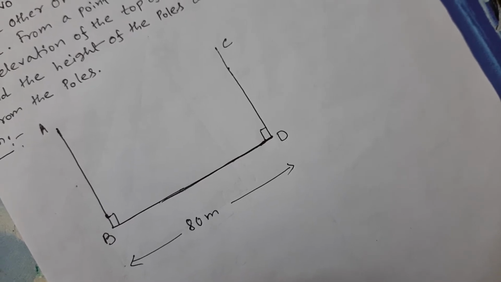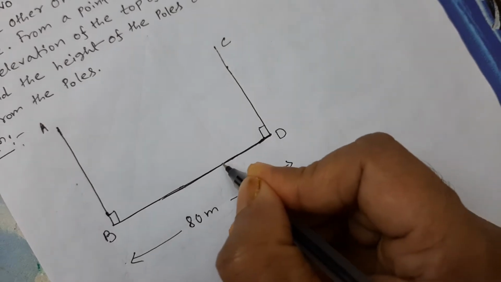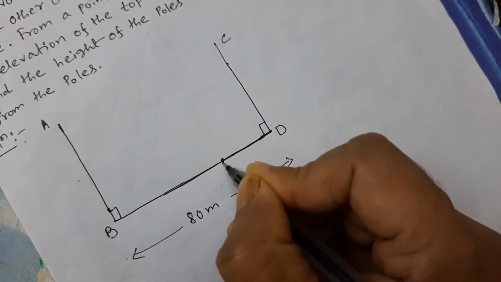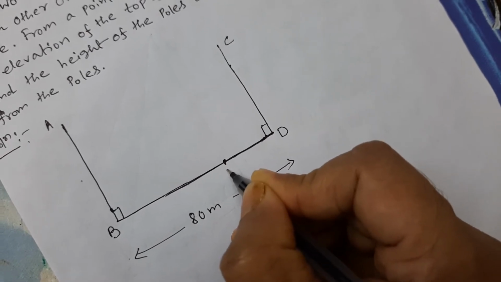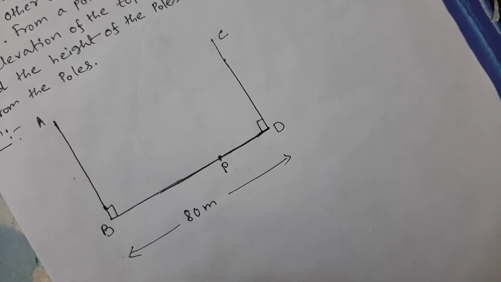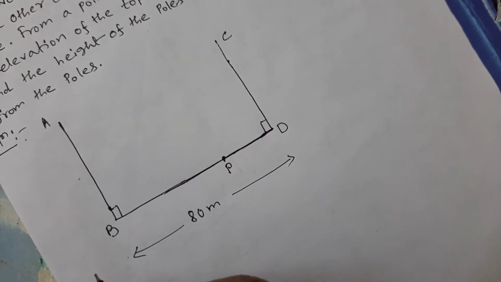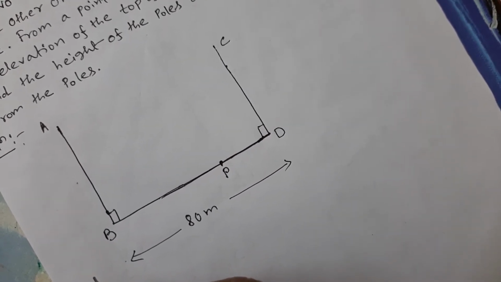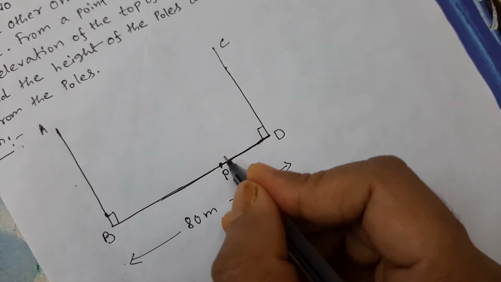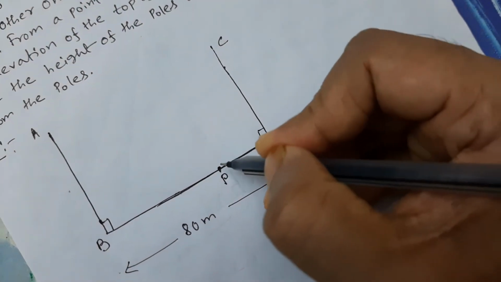From a point between them on the road, take a point between them. Suppose this is any point on the road, say P. From P, the angles of elevation of the top of the poles are: from P to the top of one pole is 60 degree, so join PC.